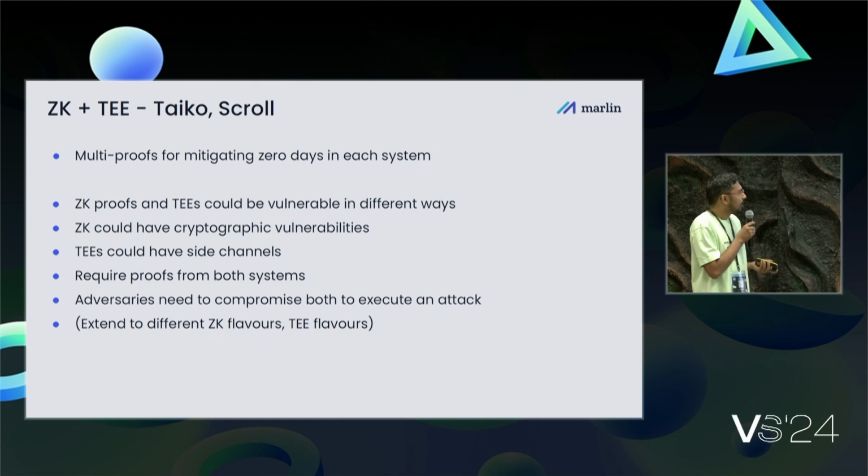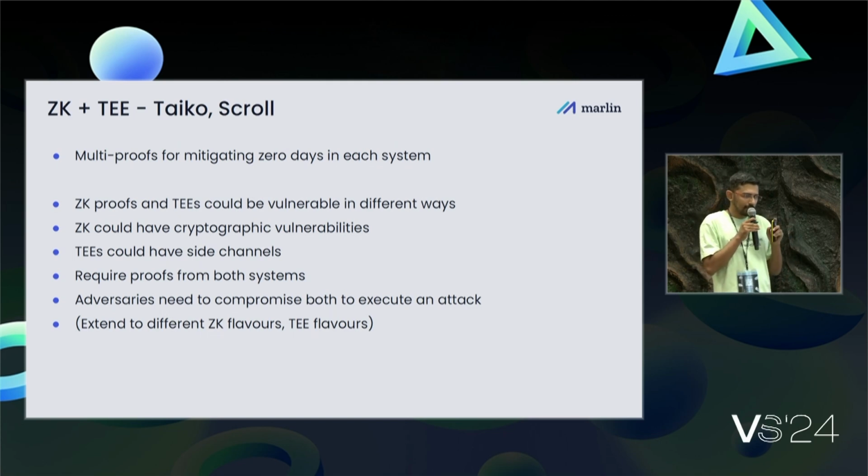Next, how about ZK and TEs? We have examples of Taiko and Scroll. The main use case is something called a multi-proof. That basically lets you mitigate 0-days in each system. So let's say your ZK system has some sort of cryptographic vulnerability. I mean, ZK is fairly new, right? Or maybe even your TE has a vulnerability because of side channels and stuff like that.